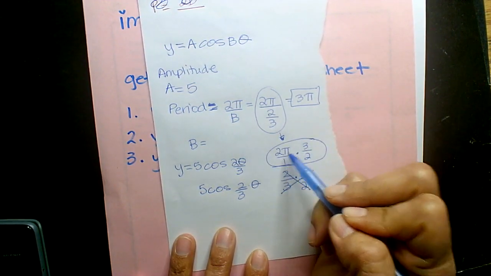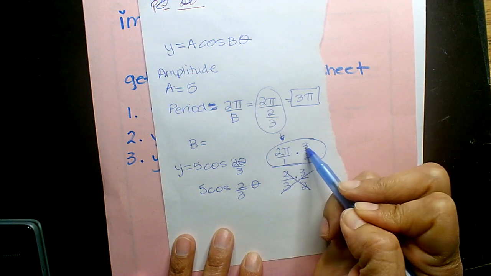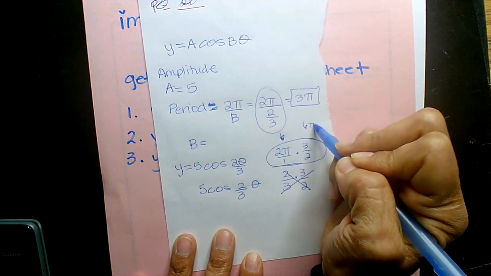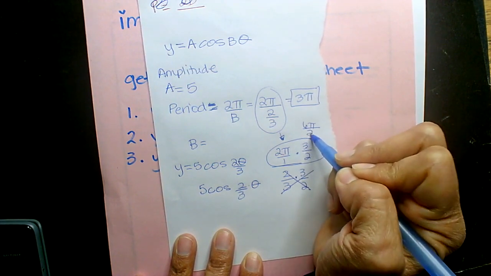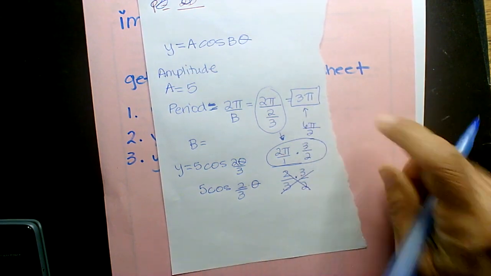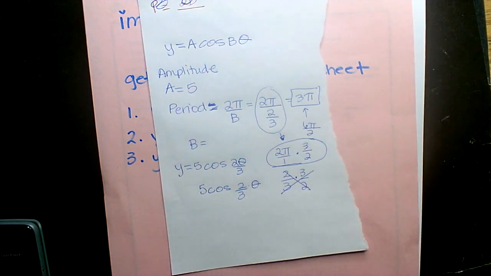What's 2 pi times 3? 6 pi. And what's 1 times 2? 2. And 2 goes into 6 3 times. 3 pi. You don't need the calculator. Remember, garbage in, garbage out. If you're typing incorrectly into the calculator, you're going to get a wrong answer.